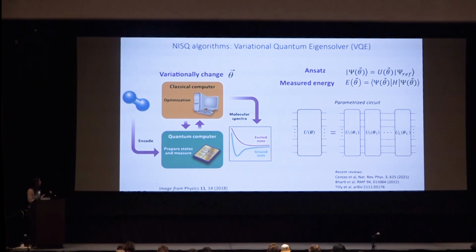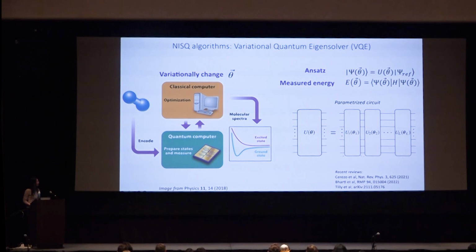So we prepare some state. Ideally, this state, for some value of the parameters, the parameterized state, contains the exact solution. We'll get back to that. And then we make measurements, still on the quantum computer. And then we feed the outcome of these measurements to a classical computer, which helps us do the optimization. So on the classical computer, we vary the parameters and we feed back in updated values for these parameters. And that way, ideally, we converge to the state we're looking for, the ground state, by varying these parameters.